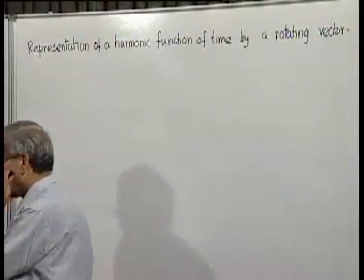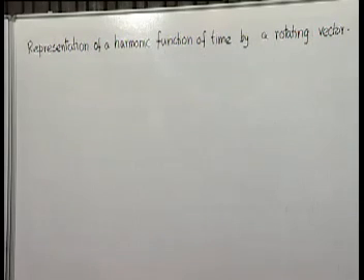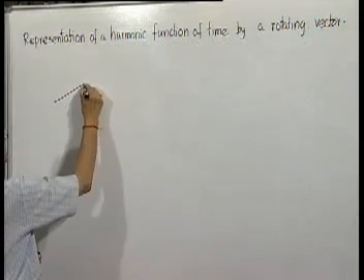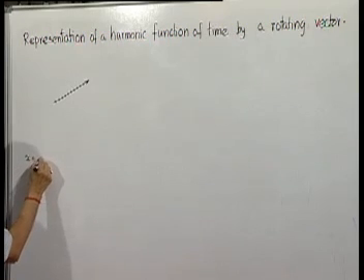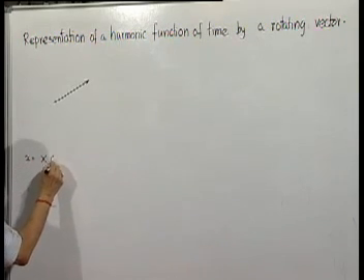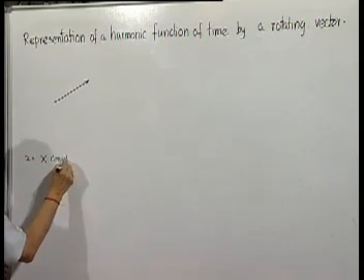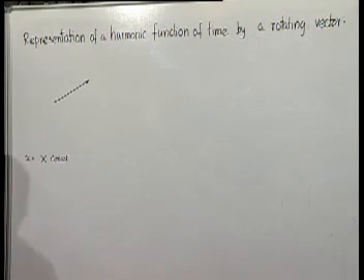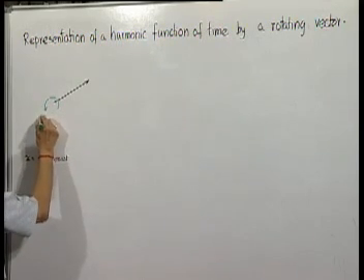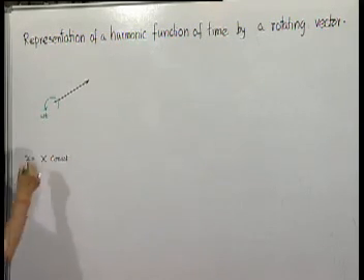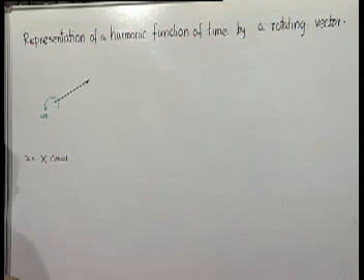Perhaps we have discussed this quickly in the past, but we will remind ourselves about it. So, if a quantity is x cosine omega t, we can represent it by a rotating vector like this, rotating at a speed omega.